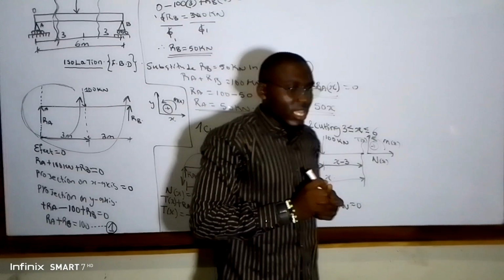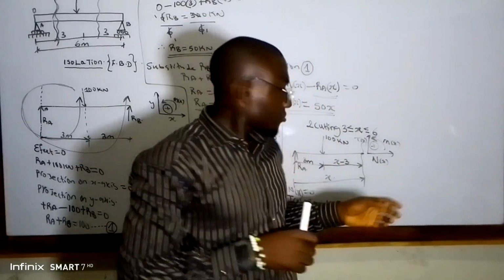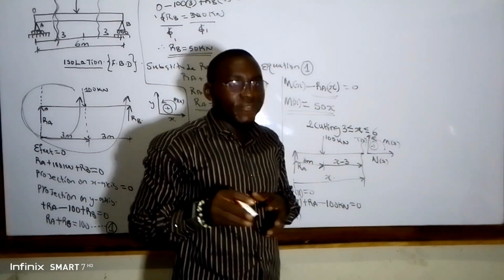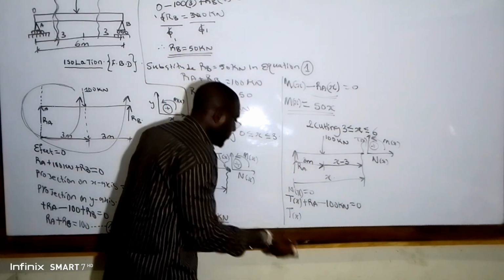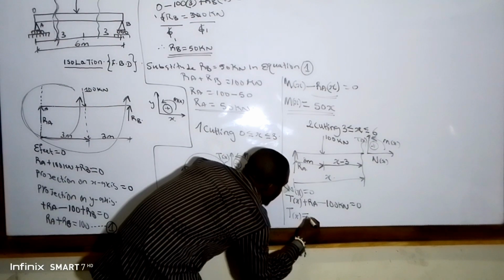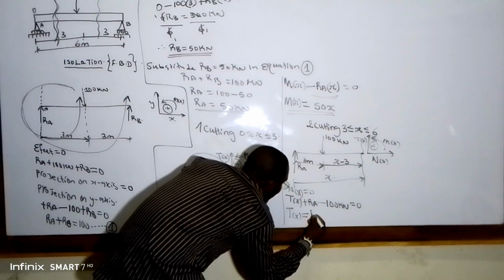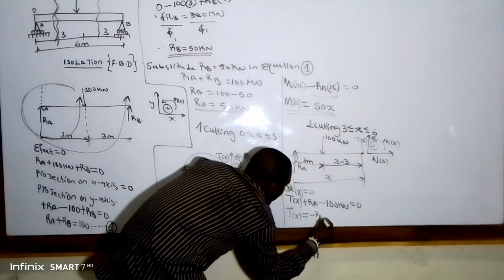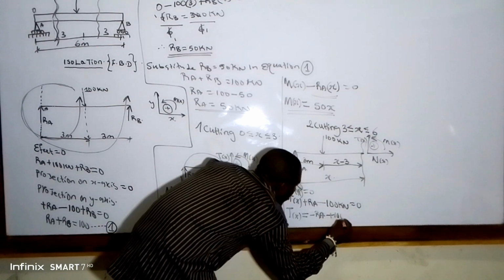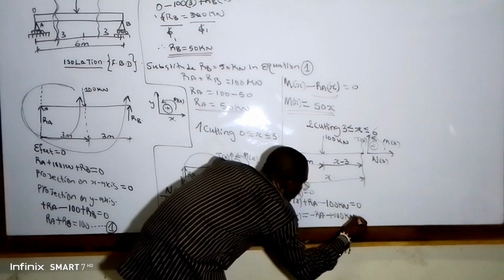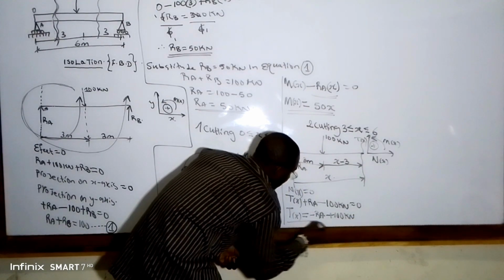Guys, please, I forgot. N of x means normal force, T of x means shear force, and M of x means bending moment. So guys, thank you. So it's equal to R_A minus 100 kilonewton. So guys, this is our T of x.